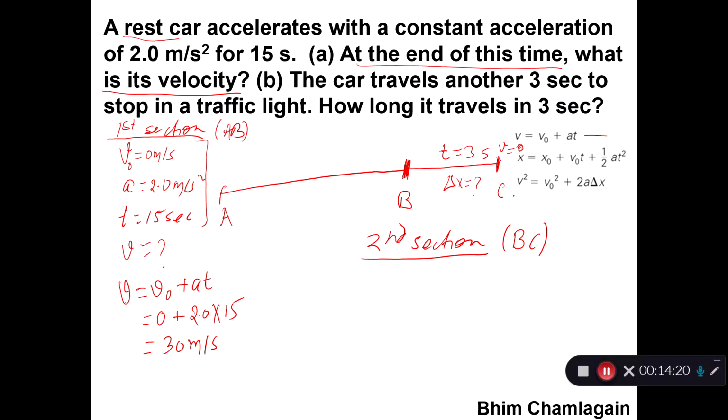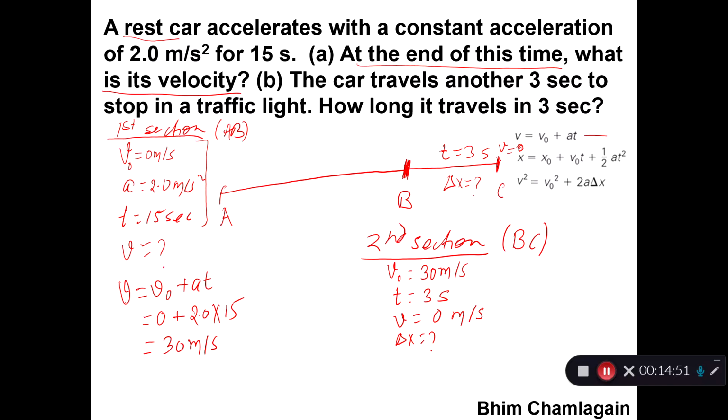So in section BC, its initial velocity is equal to the final velocity of the first section, which is 30 meter per second, and the time to travel is given as 3 seconds, and final velocity, it stops, is 0 meter per second. Now you have to calculate delta x, which is displacement, equal to what?